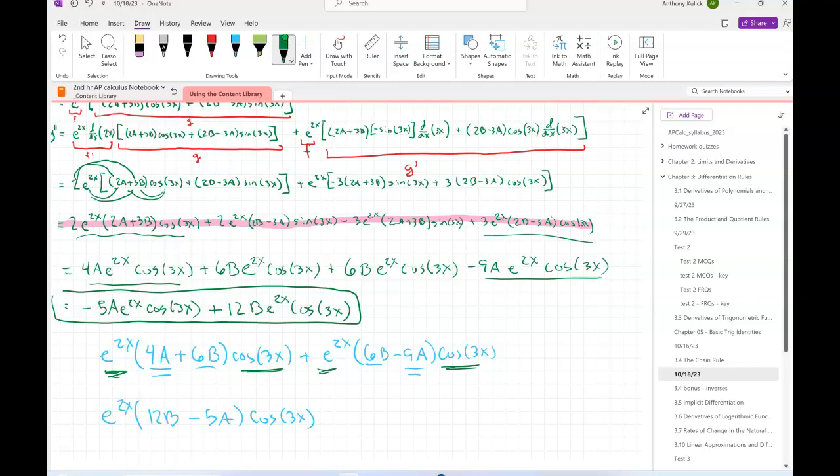So 2 times 2 is 4, then I have the a, and then I times the e to the 2x in, and I times the cosine 3x in, right? That goes in, that goes in, that goes in.